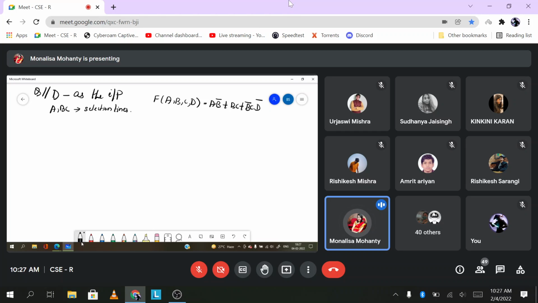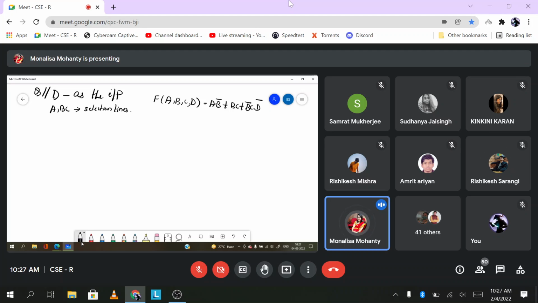So here again, please check whether f has been given as summation of the mean term form. Yes, everyone. F is given as the summation of the mean term form. Yes or no? No, ma'am. Okay.